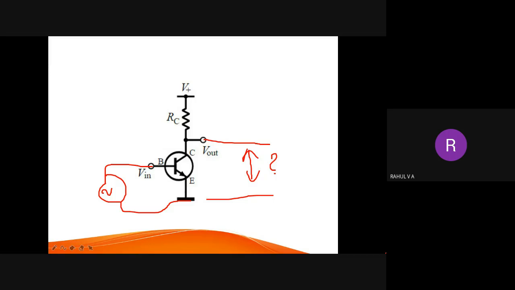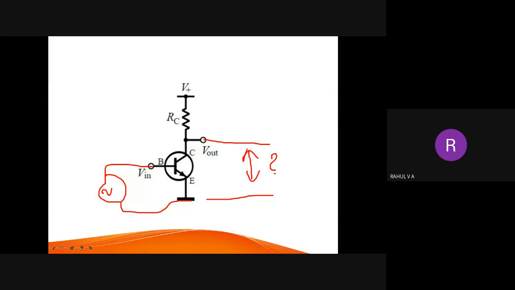That is how it works. And then we have seen the introduction of the common emitter amplifier: what an amplifier is and how a common emitter amplifier works. In the next class we will continue.